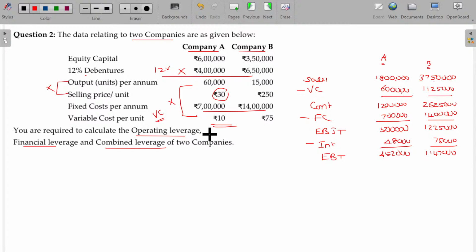Do we have tax here? No, we don't have the tax. Then we can calculate the operating leverage. For operating leverage, we have to connect these two. For financial leverage, you have to connect these two. If you combine these two, then you will get combined leverage. Degree of operating leverage, or simply operating leverage, is equal to contribution by EBIT.